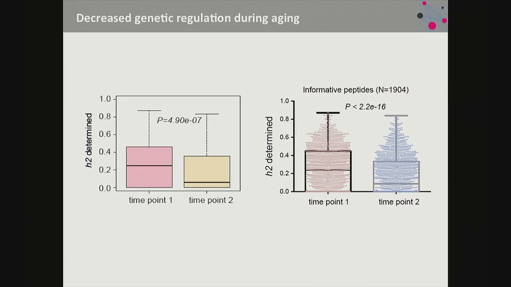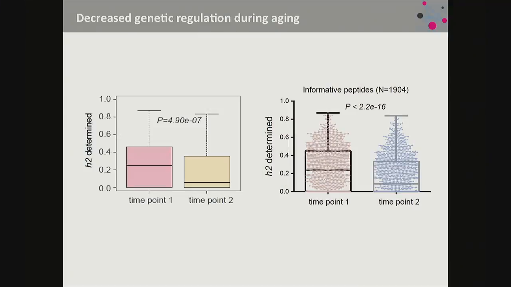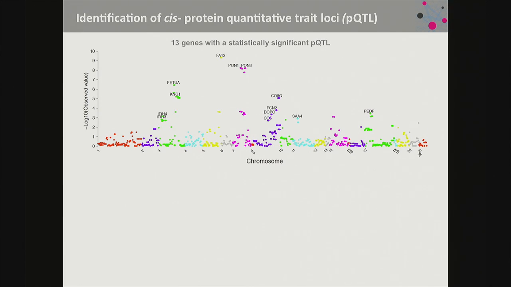So one could assume that in a newborn the genetic factors are strongest, and then maybe through somatic mutations or other mechanisms, maybe environmental effects, the genetic control slowly decreases, and the other factors which affect the variability of the blood proteins eventually increase. These effects are not dramatic, but they are statistically highly significant. I also would like to remind you that the time difference of these two measurements is only about half a decade, so it's by no means the whole lifespan of these individuals.